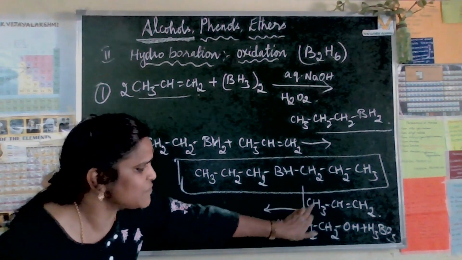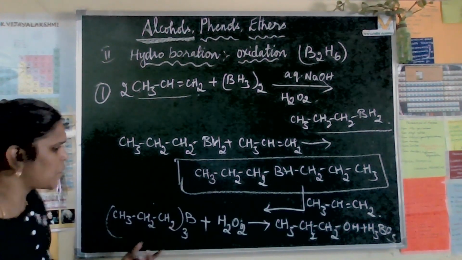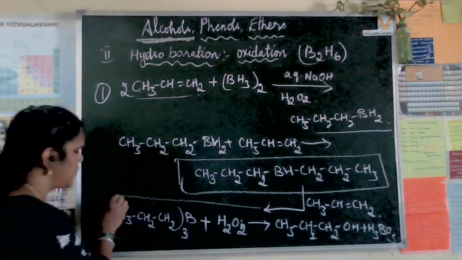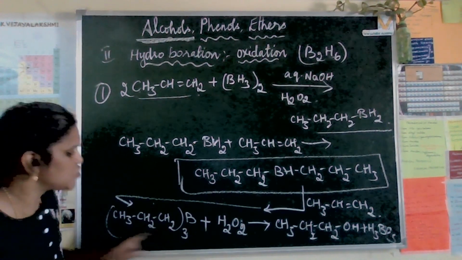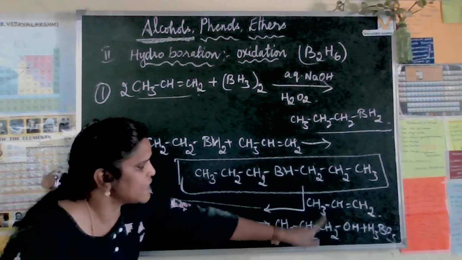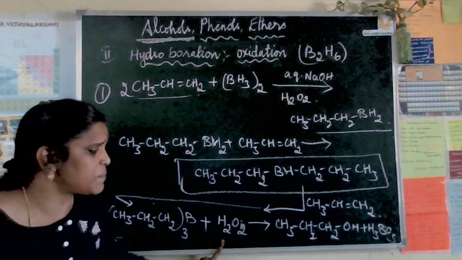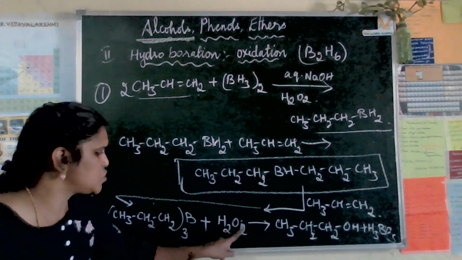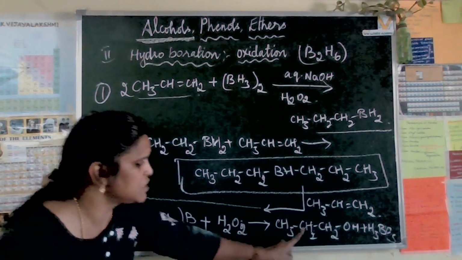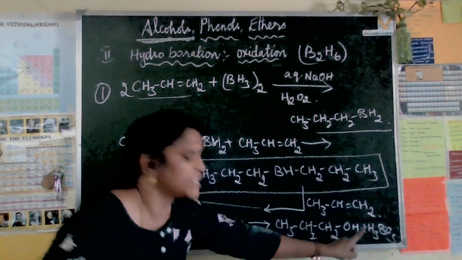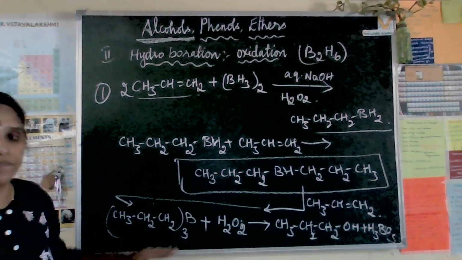Now here, this is the product you will get: CH3, CH2, CH2 thrice attached to B, the hydrogen has gone out. Now this one reacts with hydrogen peroxide, H2O2, right? So you get CH3, CH2, CH2OH plus H3BO3. Hope you're clear with this.